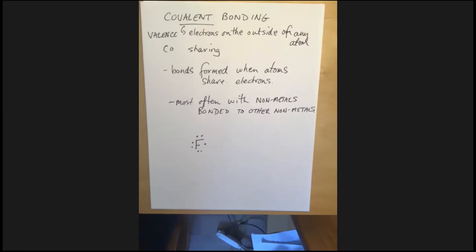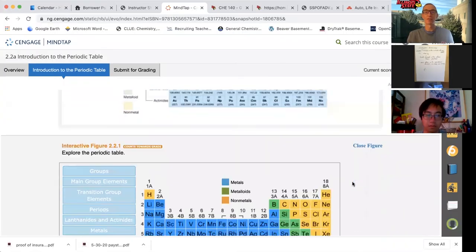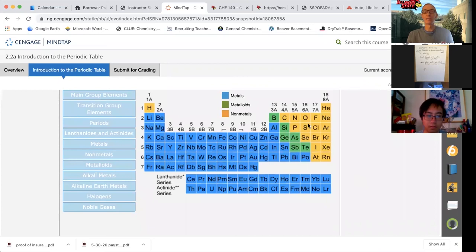So if I bring you over here to a periodic table, this might remind you that fluorine is in group 7, 7A, group 17 of the periodic table. That will remind us that it has 7 electrons around the outside, and it only needs 1 more electron to get to having 8, having an octet like the noble gases.